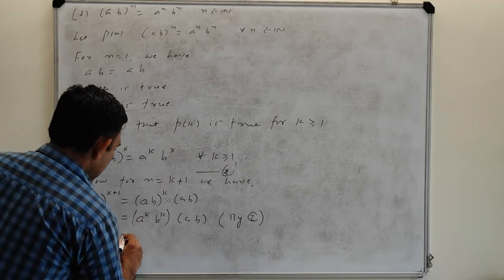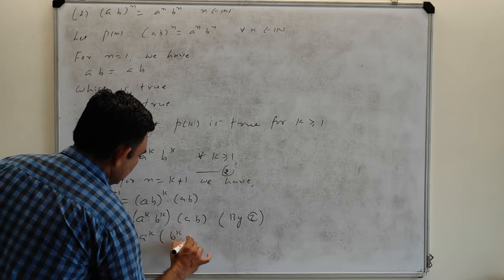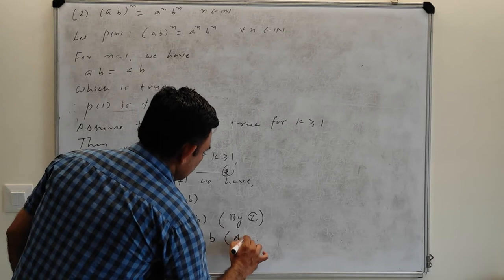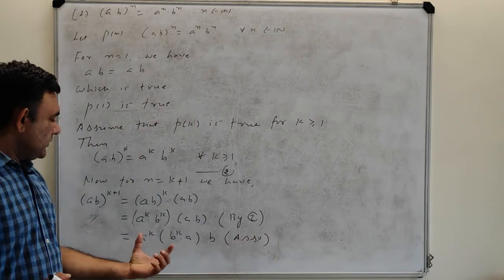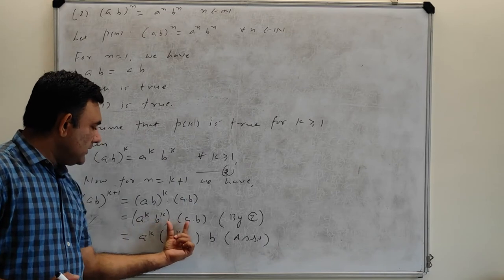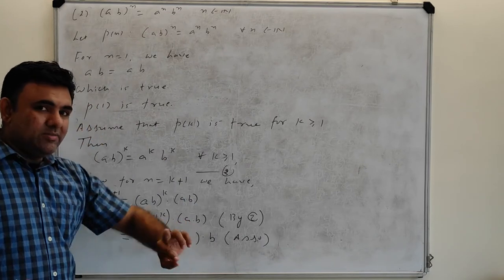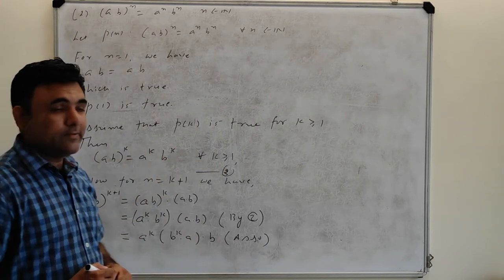So now you use associativity: A raised to k, B raised to k into A into B. By associativity, because we are working in a group and associativity holds, I can club B raised to k and A. But B raised to k into A is what? AB raised to k if AB equal to BA, as I proved in the first part.